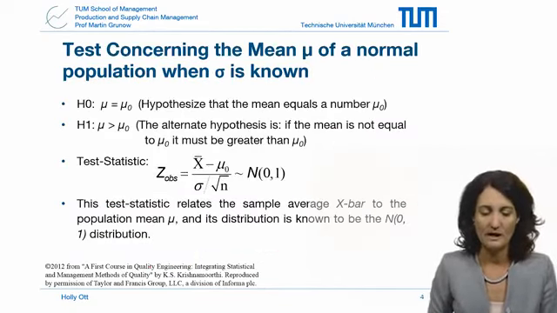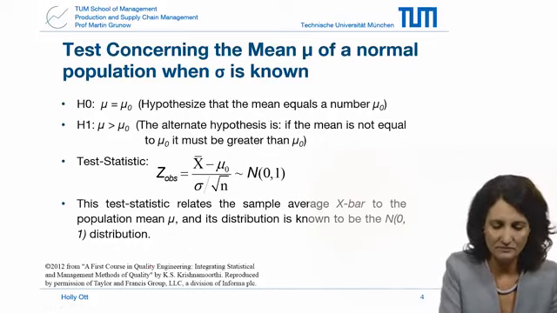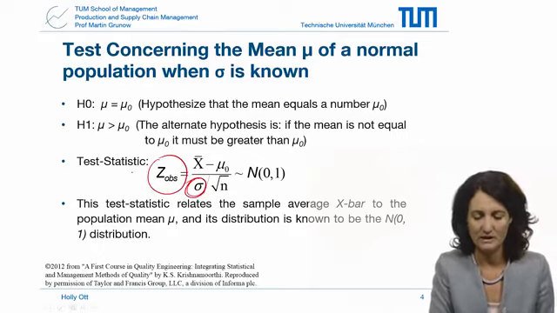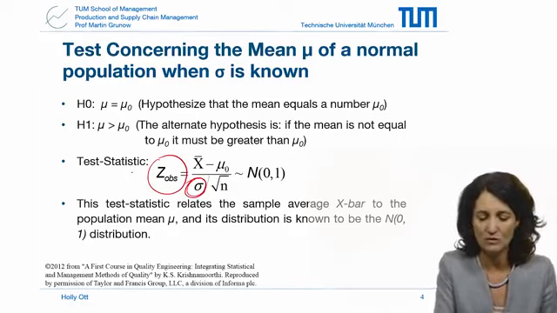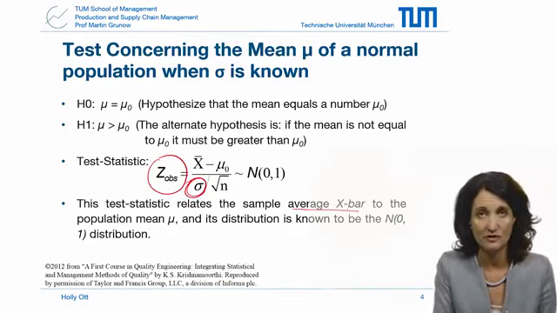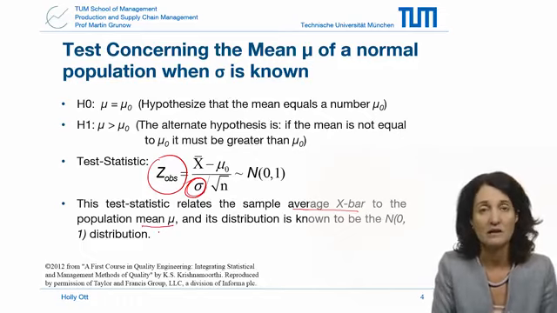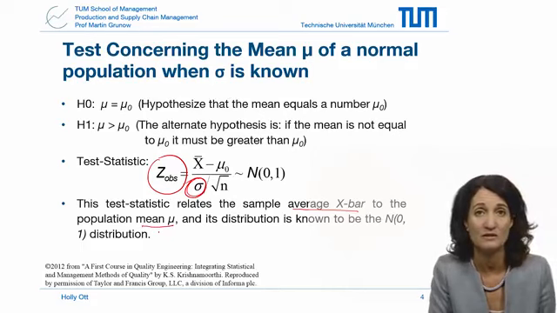Now, if we knew the variance, we could use z as our test statistic. This test statistic would relate the sample average for the new process to the population mean, and we would then check that z observed value against the critical value.